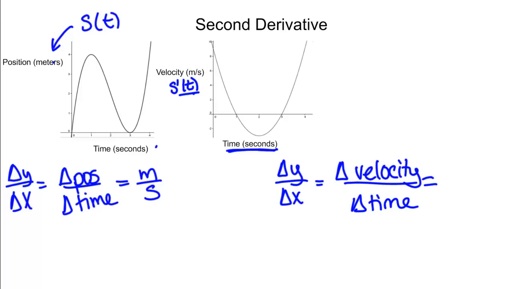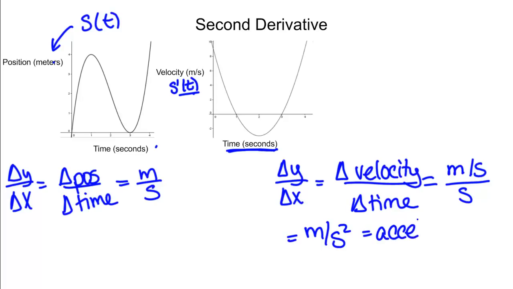Our velocity units are meters per second. Time is still in seconds. So we get meters per second squared. And do you recognize those units? Hopefully you recognize them as units for acceleration. So acceleration is the rate at which the velocity is changing with respect to time.